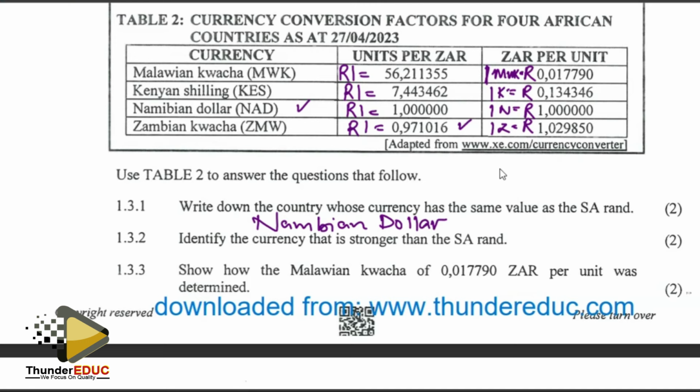For one big whole number, you get something small in fractions. Here the weakest is the Malawian kwacha, followed by the Kenyan shilling. Namibian, it's equal. Here, the Zambian kwacha takes over. Then we say the Zambian kwacha is stronger than the South African rand.